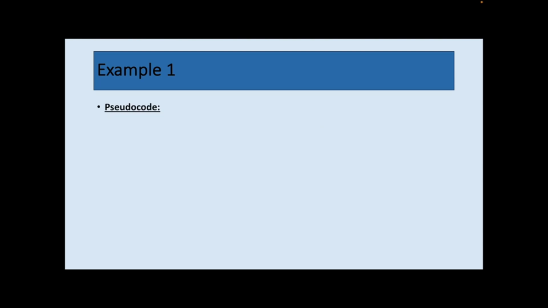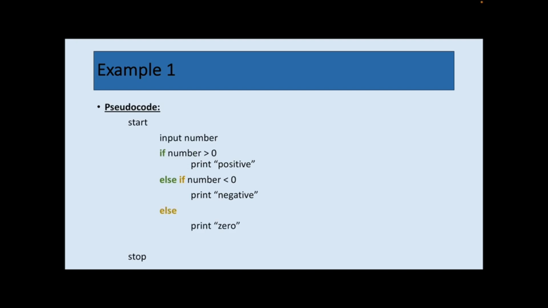So the pseudocode is: start, input number. If number greater than 0, print positive, else if number less than 0, print negative, else print 0, end if, and then stop.